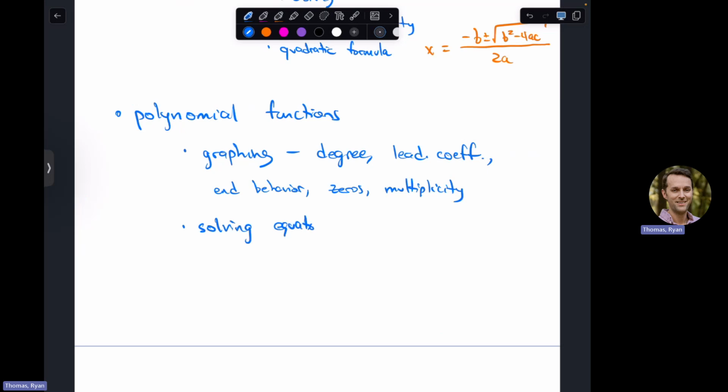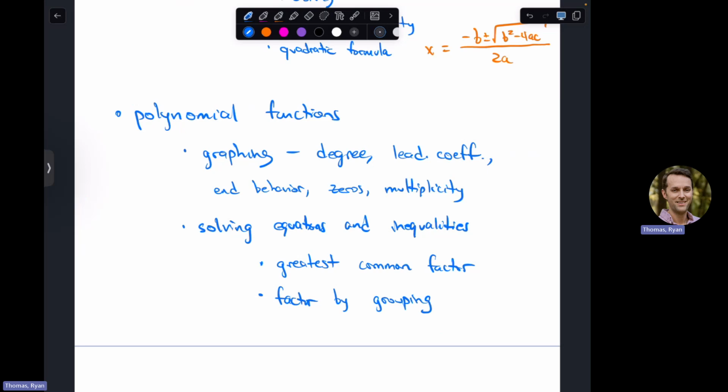And then again, solving equations and inequalities. Greatest common factor. Factor by grouping.